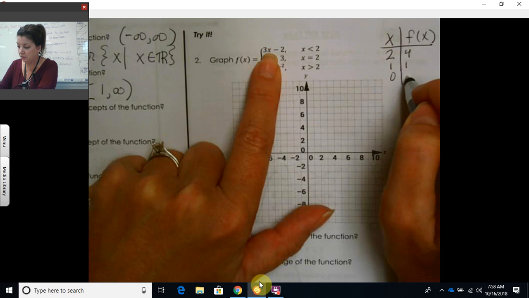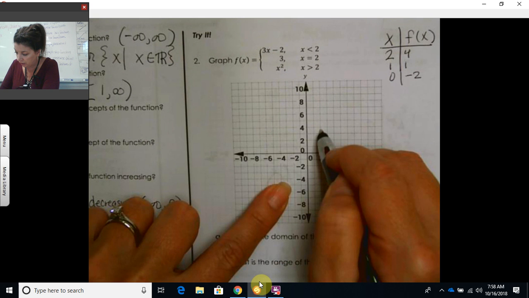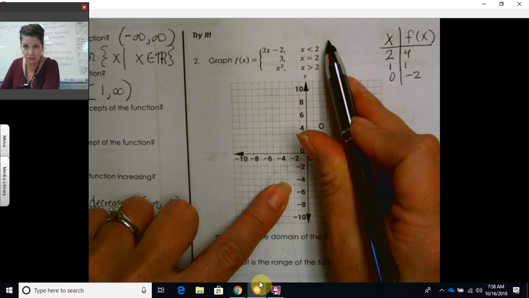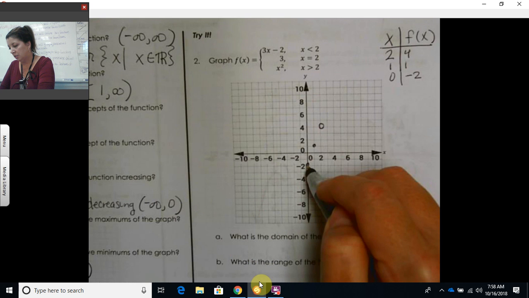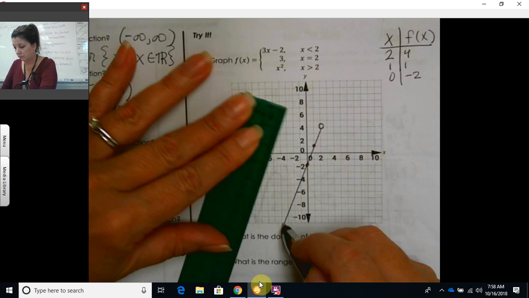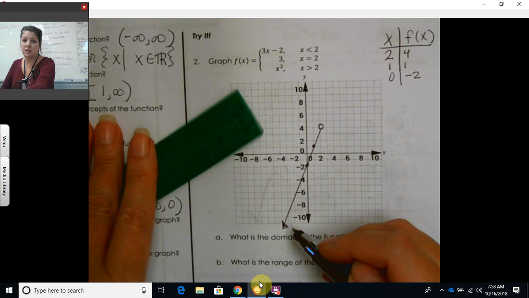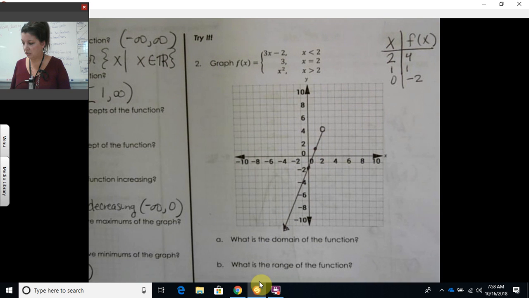So when x is 2, y is 4, and that is an open circle because it's less than 2, not including 2. 1 comma 1, 0 comma negative 2. So only graph the left side, and I will put an arrow on the left side because it's all x values less than 2. Okay?